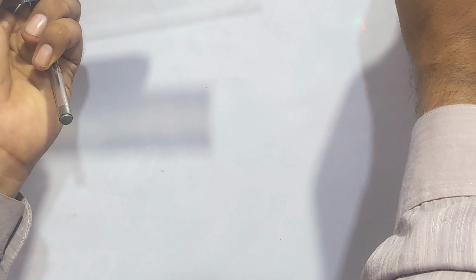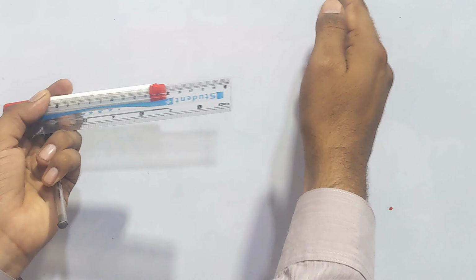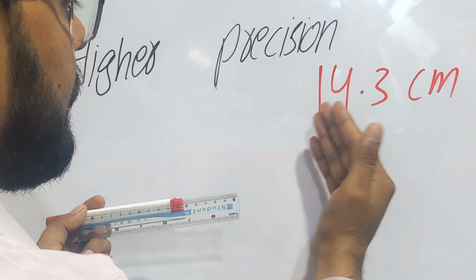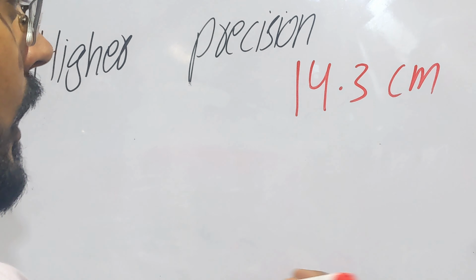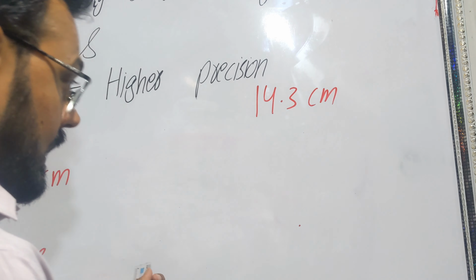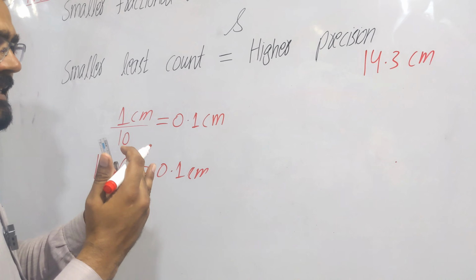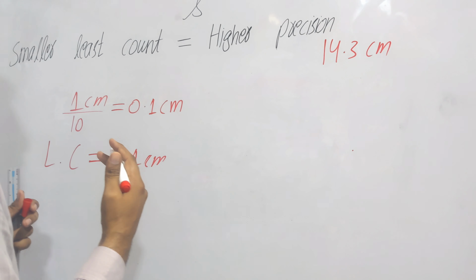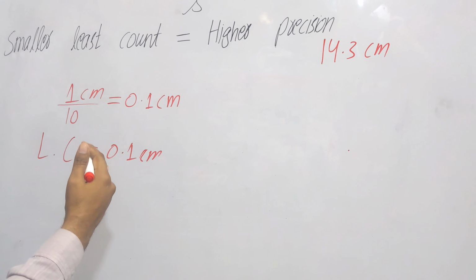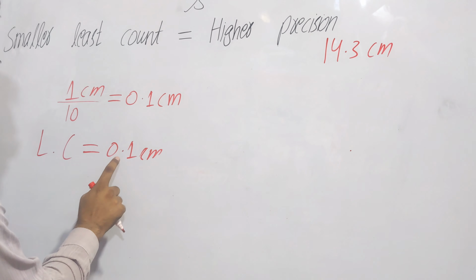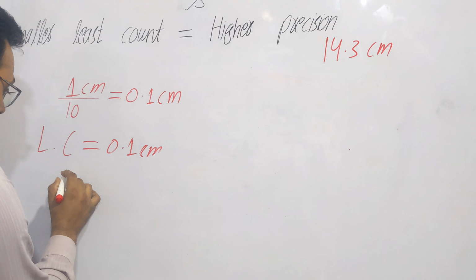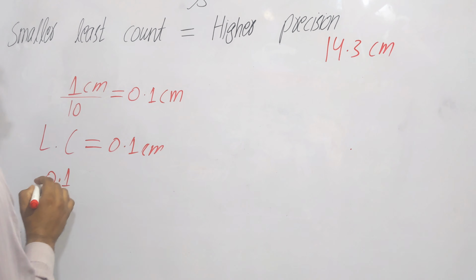This is the uncertainty. The length is slightly more or slightly less. How much more or less? Half of the least count.